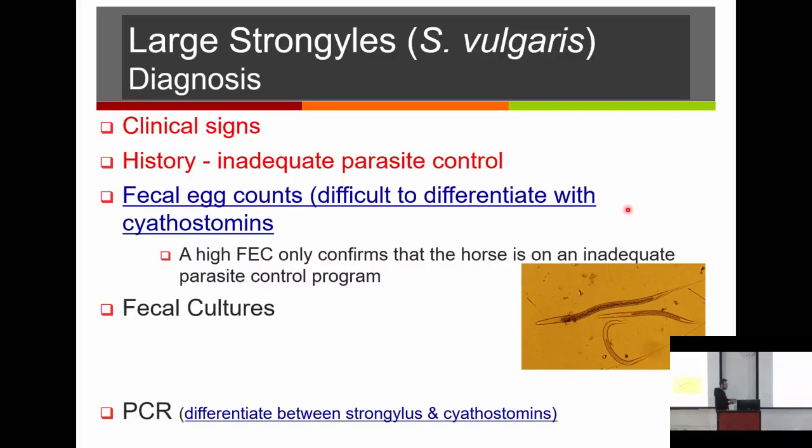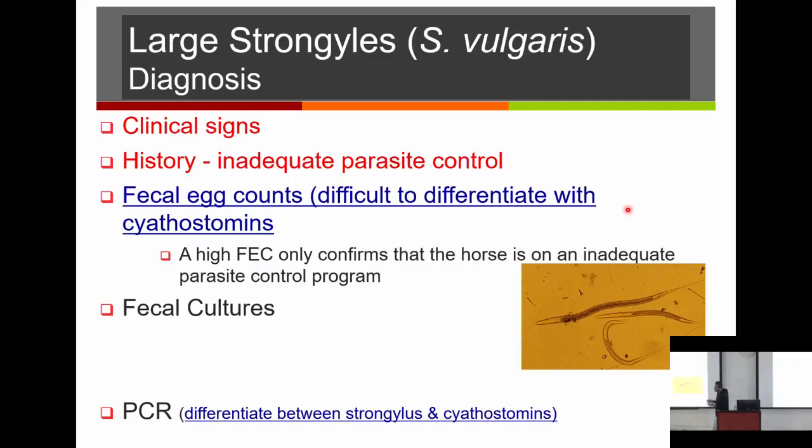However, it is similar to Strongyles. You will not be able to differentiate the small and large Strongyles, so it's difficult to differentiate based on egg morphology. So fecal culture is one other alternative.